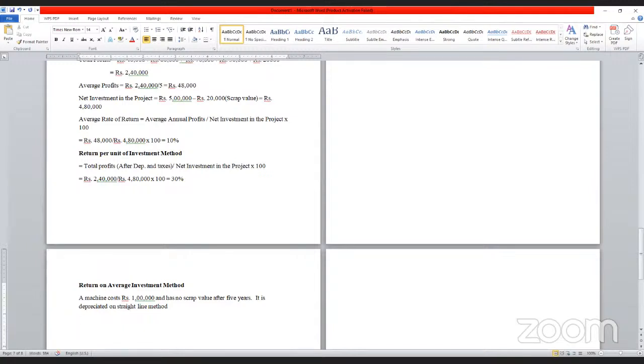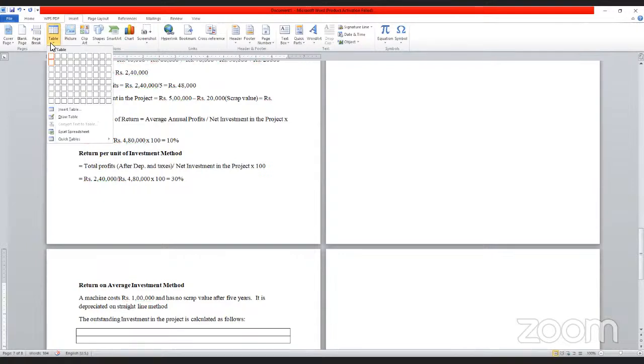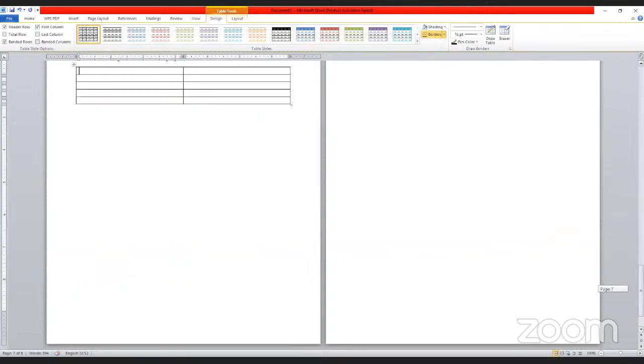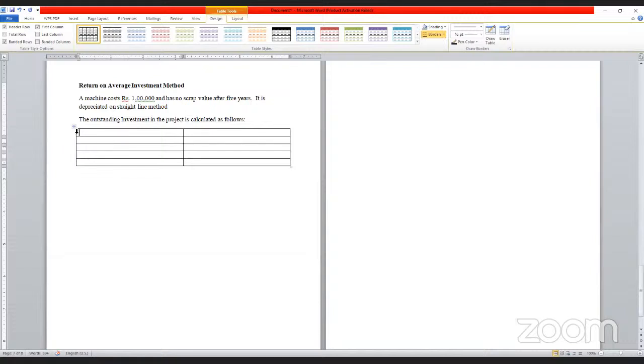So the outstanding investment in the project is calculated as follows. Now, 1 lakh divided by 5 years.